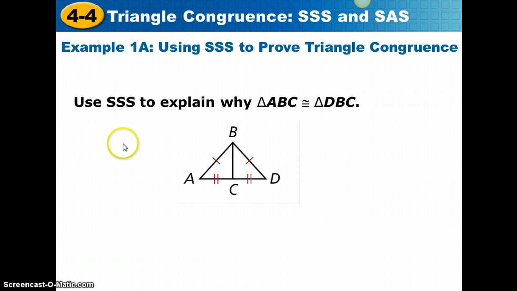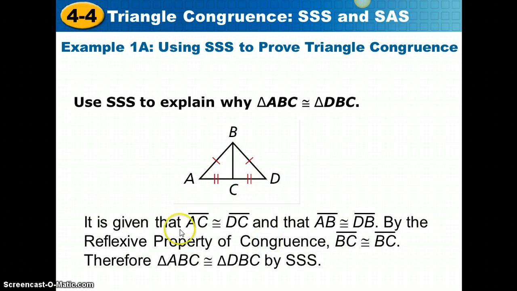So let's take a look at example 1a. We're going to use SSS to explain why these 2 triangles, ABC and DBC, the one on the left and the right, are congruent. We're not actually doing a formal proof, we're just writing an explanation. So here's what we should say. It is given, these markings in red are given information.